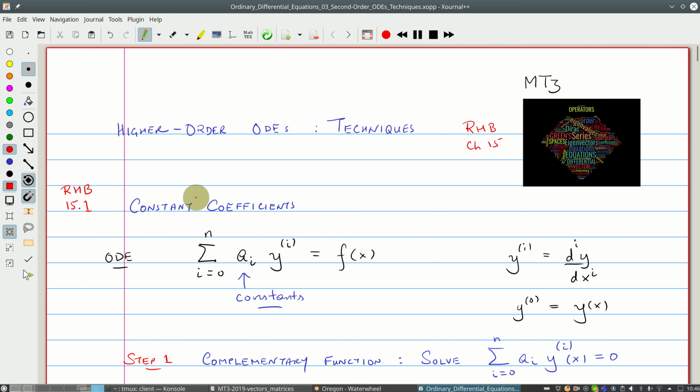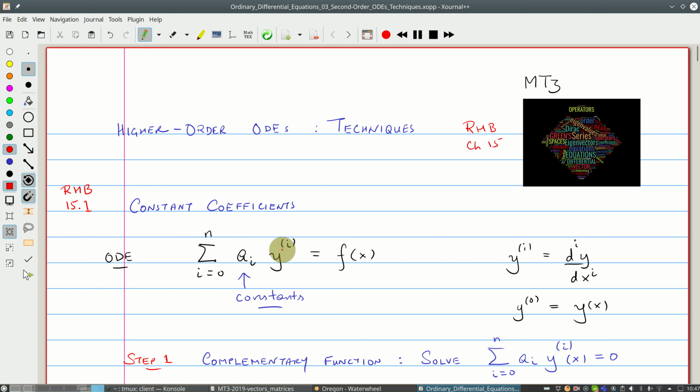So we are now in Riley, Hobson and Bence's chapter 15, specifically chapter 15.1, and now we're dealing with ODEs with constant coefficients. So these are ordinary differential equations of the form sum i goes from 0 to n of a_i, where instead of a_i being functions of x, these are now constants, times some derivative of y.